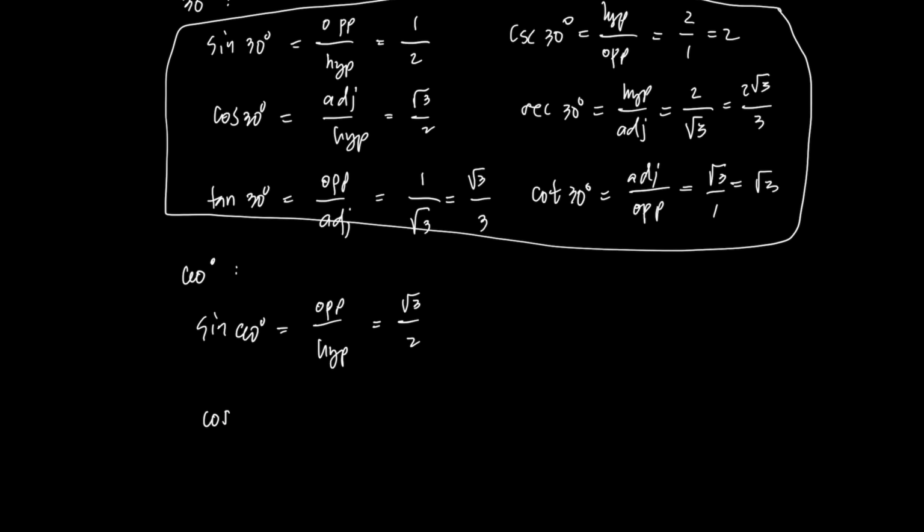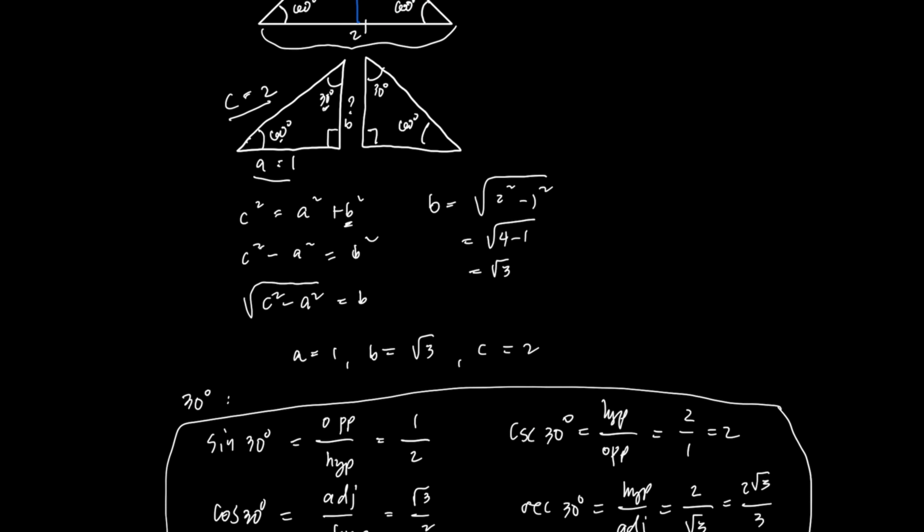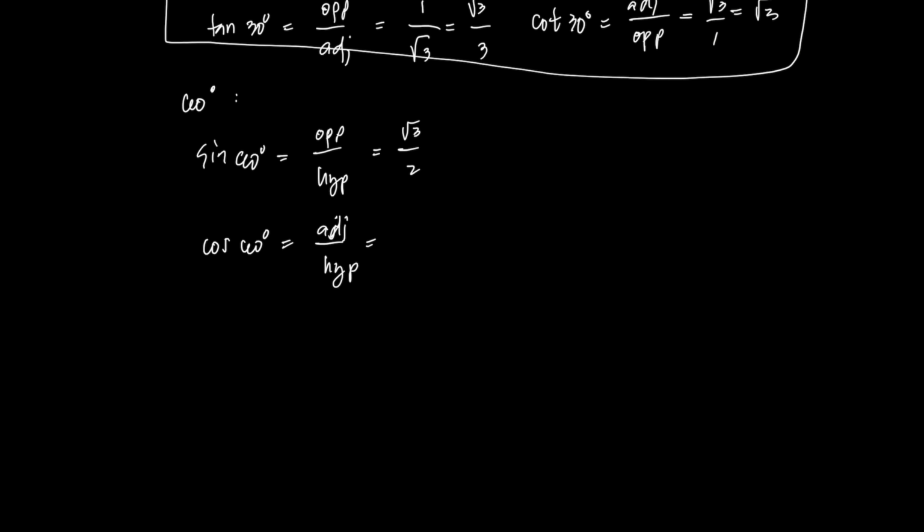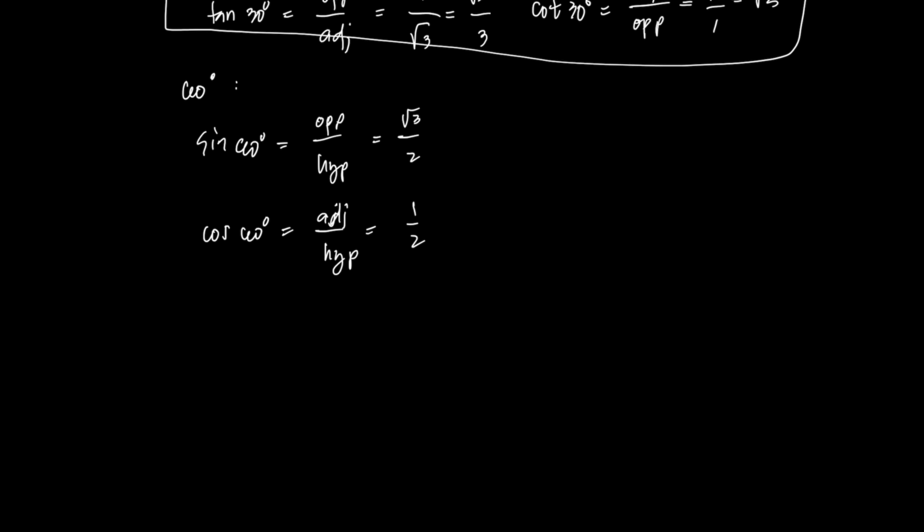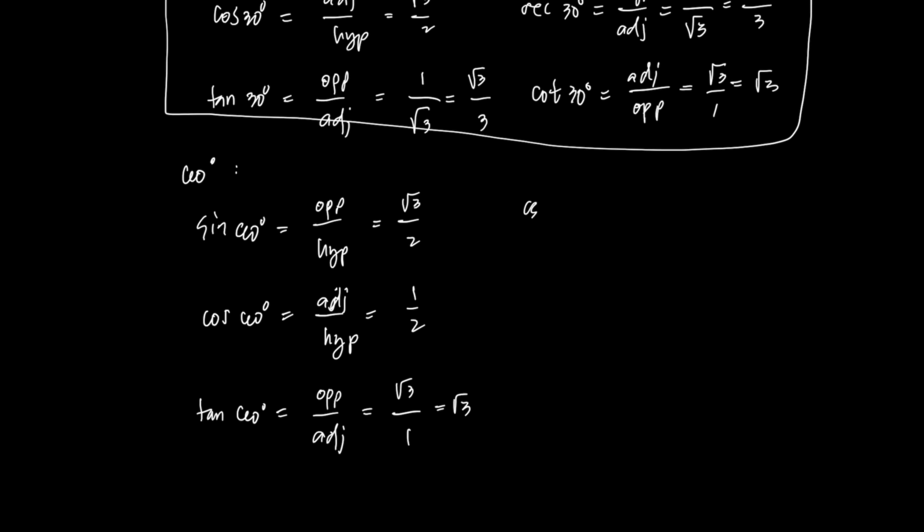Also, for the cosine 60 degrees, that's adjacent over the hypotenuse. The adjacent side of 60 is 1, and the hypotenuse is 2. Also, for the tangent 60 degrees, that's opposite over adjacent, and the opposite side is square root of 3, and the adjacent side is 1, or this is square root of 3.